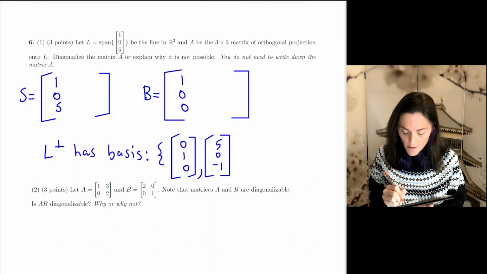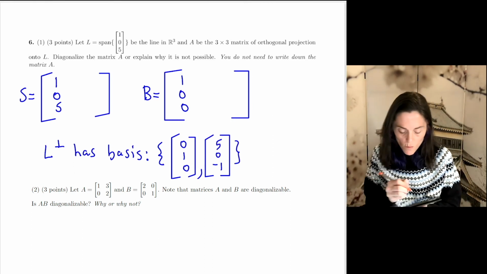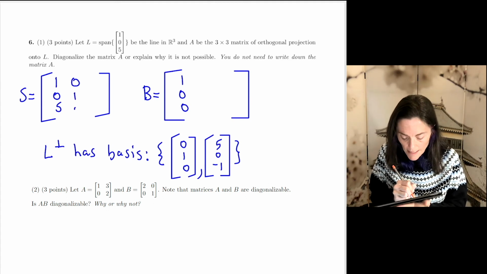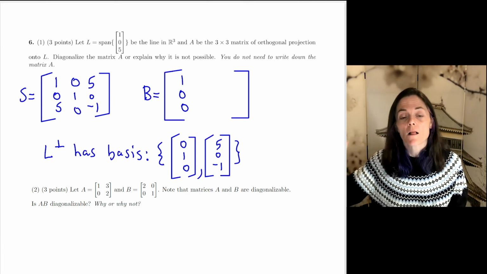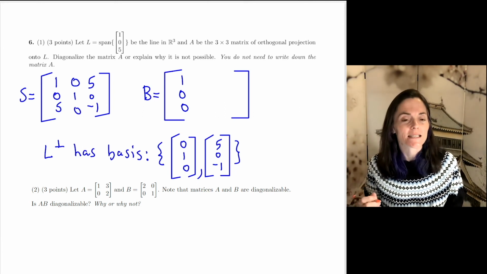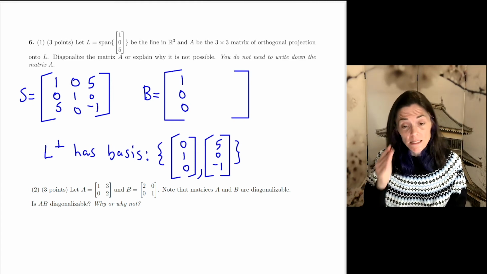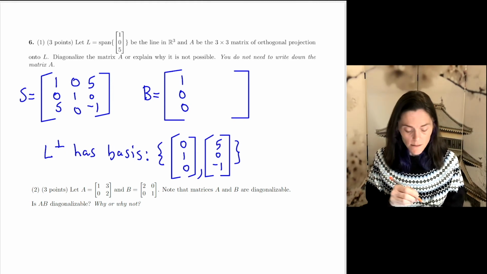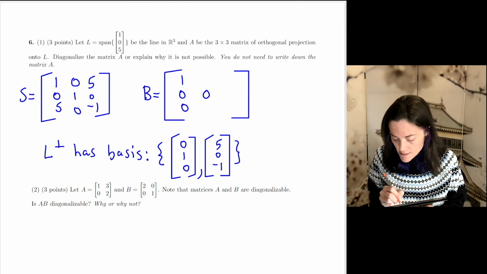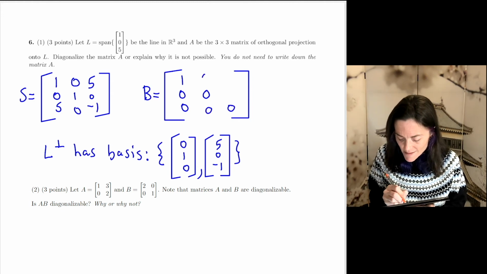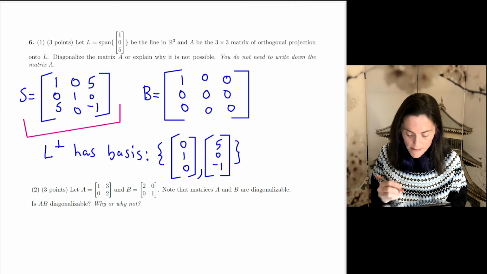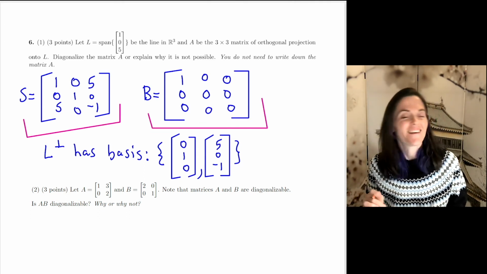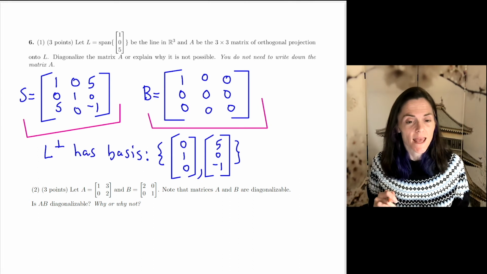So these are eigenvectors. These map to 0. Every element in L perp, the orthogonal complement of L, maps to 0 under the projection. So both of these basis elements have 0 as an eigenvalue. So here is our diagonalization. Here's matrix S, and here's matrix B. We have diagonalized this matrix A.